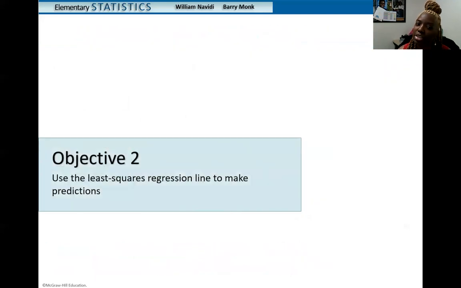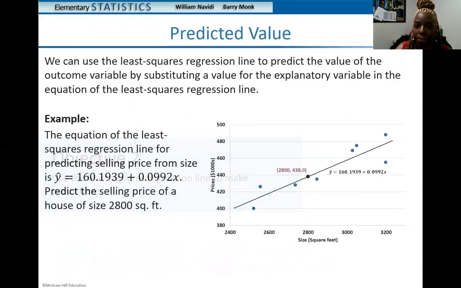So yeah, the next objective is to use the least square regression line to make predictions. After we get this least square regression line in our calculator, or we get it written down, now we want to make predictions with it, okay? So we got this prediction, y hat is equal to this stuff.